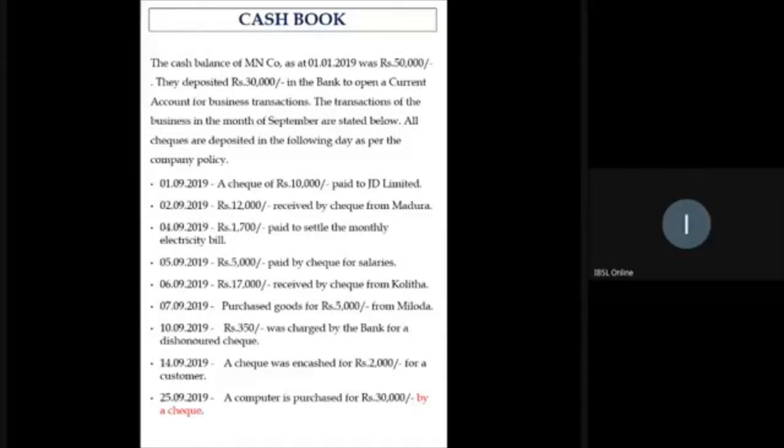So what will happen actually? Your transaction will be recorded in the cash book as a payment, as a payment from your bank account, because you are going to use your checkbook to draw a check which is payable to JD Limited.